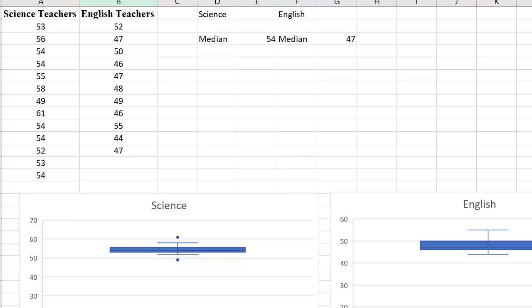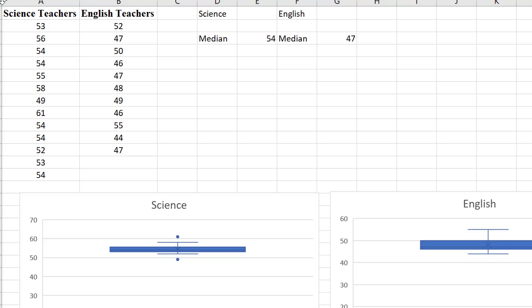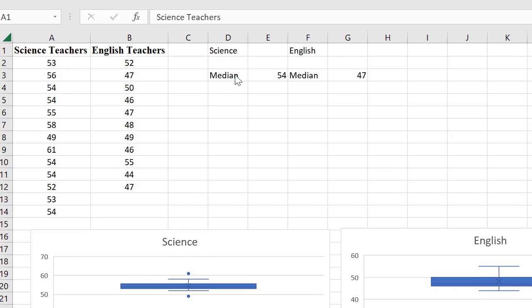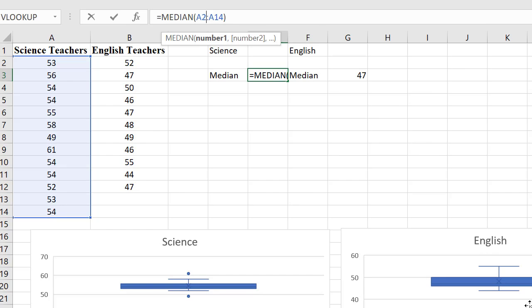For problem 20 then, I'm looking for some information in terms of, did you use the median function? What I was looking for there, I'll move this up so you can see it, is basically this median here. And did you use the correct range?